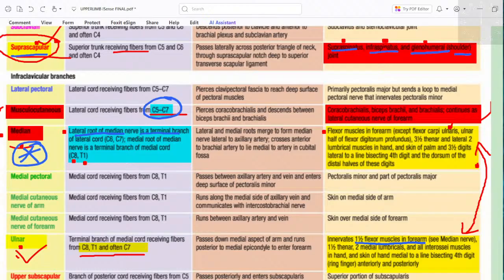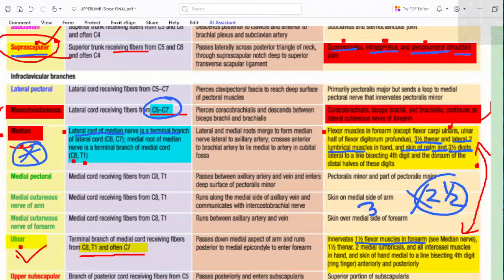So the lateral two lumbrical muscles in the hand and the skin of the palm, very important. Skin of the palm and 3.5 digits. Always remember, there was a confusion, sometimes it is called 2.5. No, there is no 2.5 in median nerve.